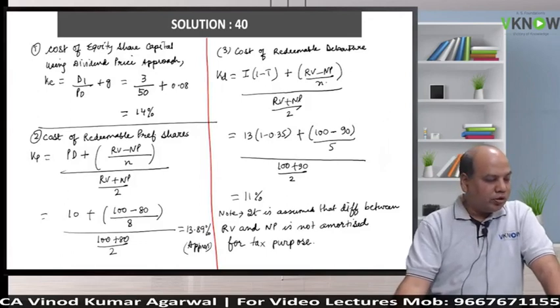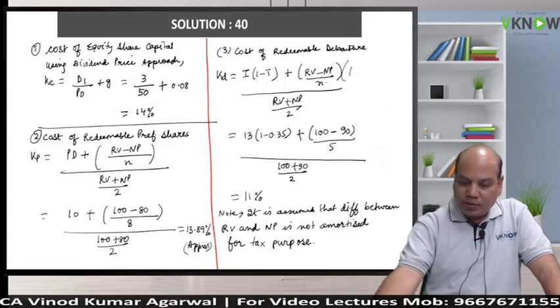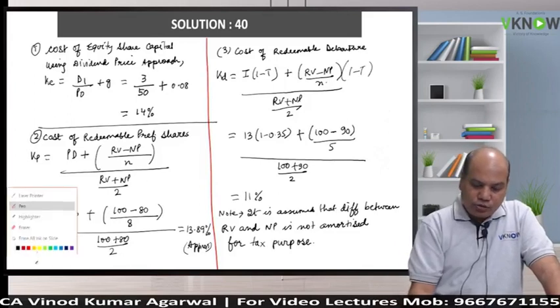So we have not multiplied this by 1 minus t. You can solve by that also.